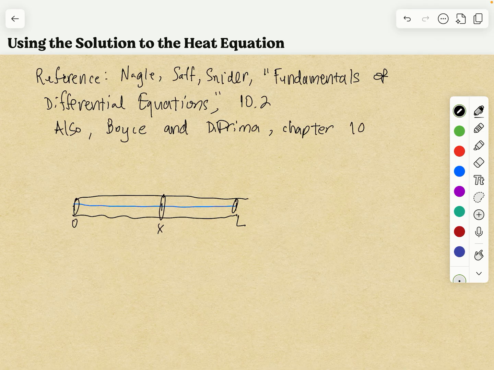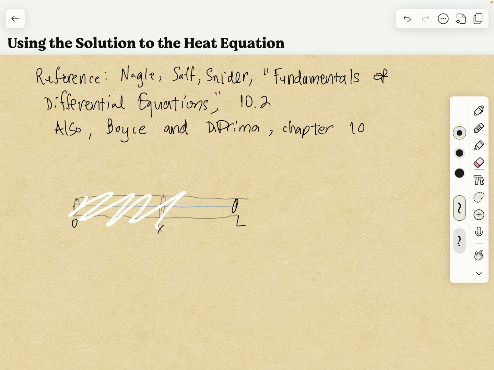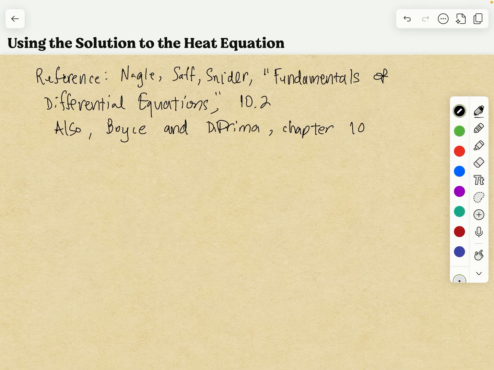We're just going to assume that it's the same temperature at each point in the cross-section. So let's just go back to what we had before. We're just basically pretending that the bar is a line. So you have this bar, and it goes from 0 to L, which is the length of the bar.